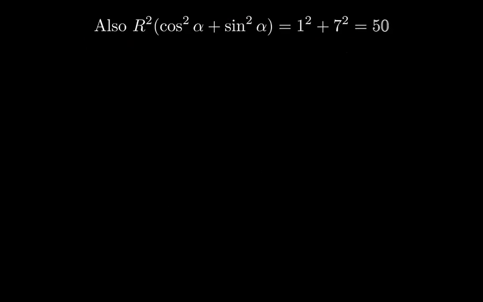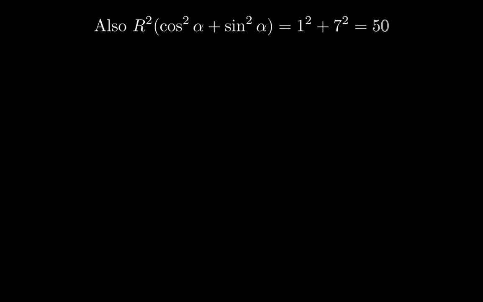We can also see that if I square equation 1 and add it to the square of equation 2, I get r squared cos squared alpha plus r squared sin squared alpha. When I pull out r squared, I have cos squared alpha plus sin squared alpha in the brackets, which is equal to 1.